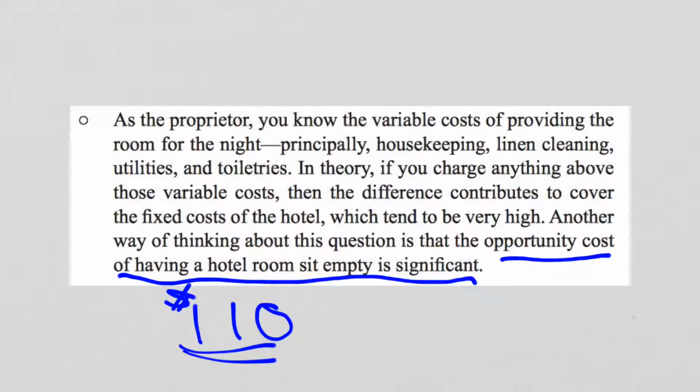So that's how we would look at it. If the customer comes in, we say $250 is our regular rate, and they say, how about something lower? And you say, no, that's our regular rate, and they walk away. The opportunity cost that you gave up was the amount that you could have gotten above your variable cost, which would have been a contribution towards your overhead. Thus, we see that opportunity costs are always incremental.